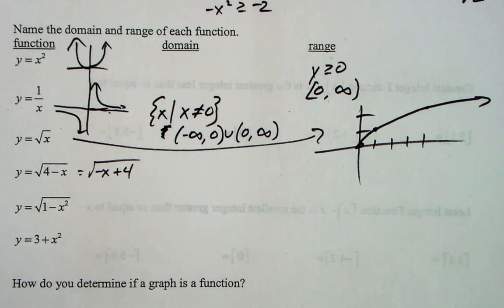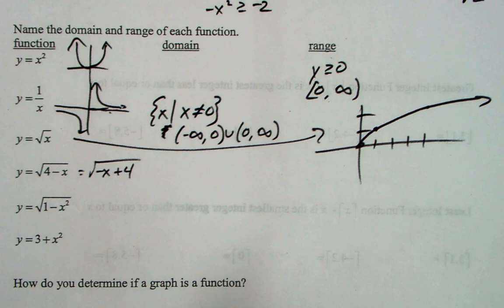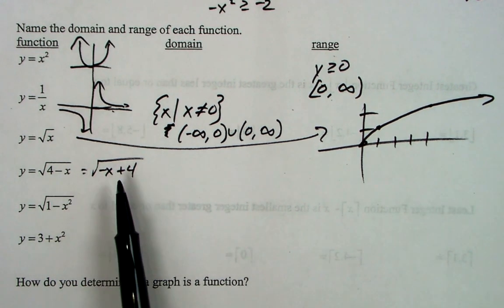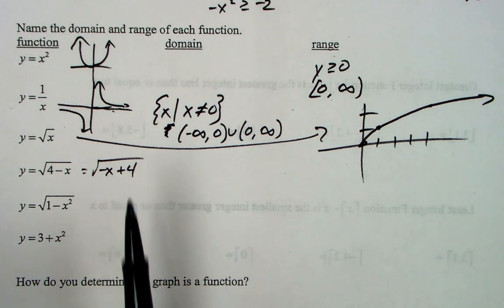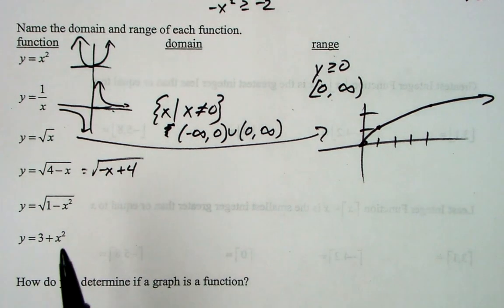I don't want to go down this rabbit hole, but it appears that we would flip it over the y-axis and then slide it to the left 4. Right? That's actually not the case. I'm not going to get into it, but the order of operations inside is also opposite. Like I said, an inside horizontal change causes opposite changes, and the order of operations is also opposite as well.